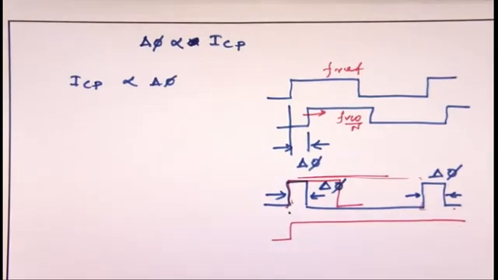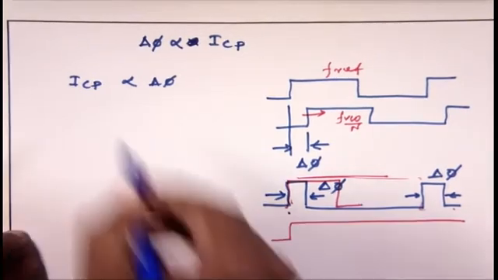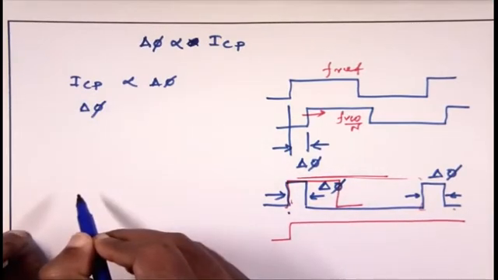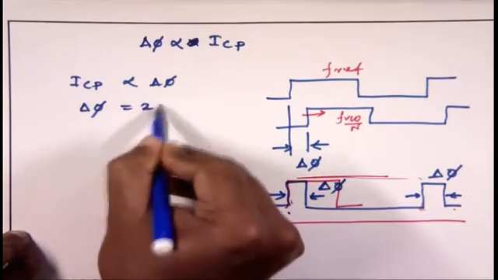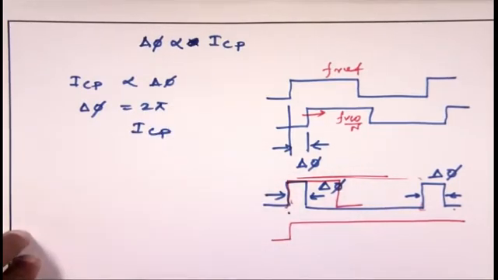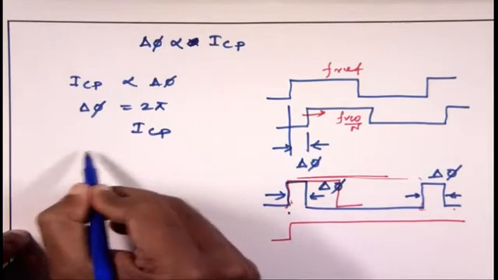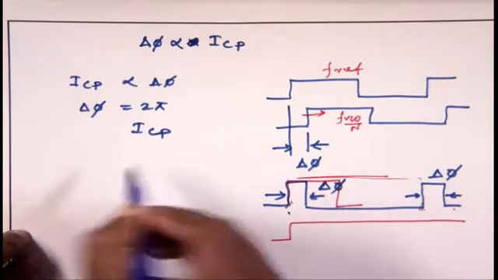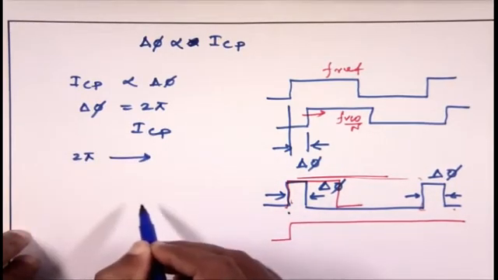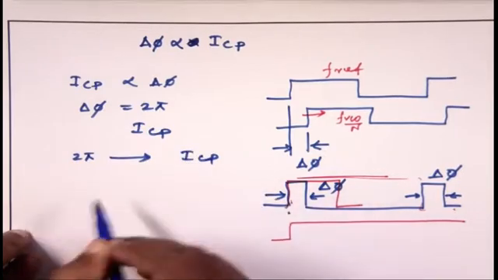So I can see that if the delta phase difference is twice pi, I will get a constant total current of ICP, because it is fully draining the current. For any other delta phase, for twice pi phase difference I will get a constant throughout current of ICP.